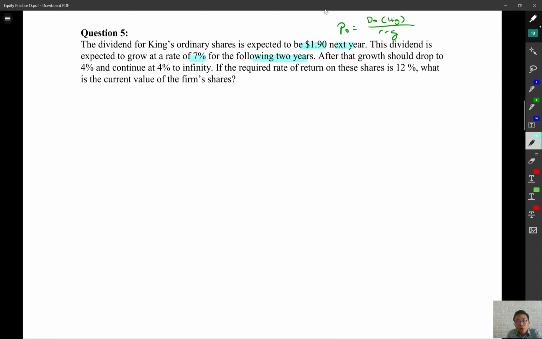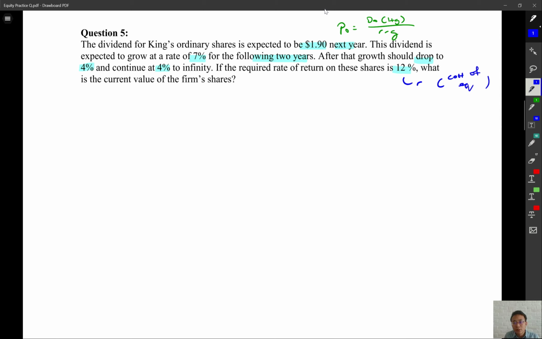After that, the growth should drop to 4% and continue at 4% to infinity. If the required rate of return is 12%, which is your R or your cost of equity, what is the value of the shares?